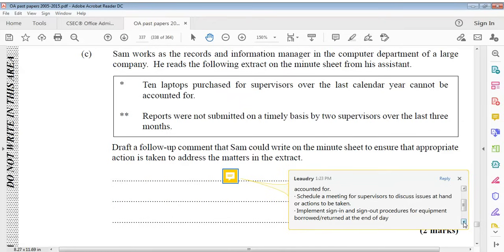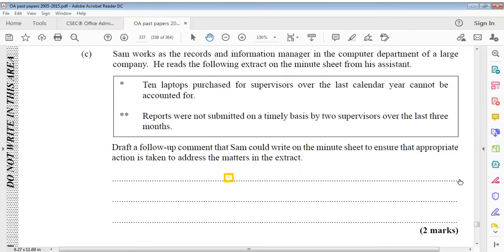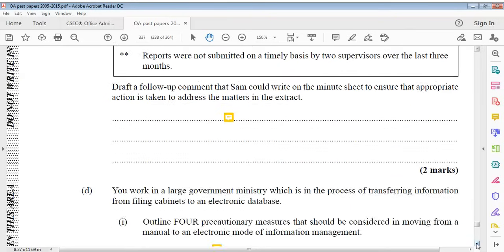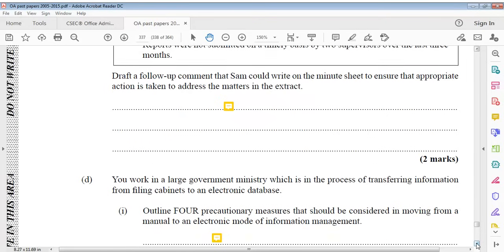Or 4, implement sign-in and sign-out procedures for equipment borrowed or returned at the end of the day. So those are some things that could be written. You just need to take 2 from that and you will be rewarded 2 marks. So you got 4, you can select 2 for your answer.